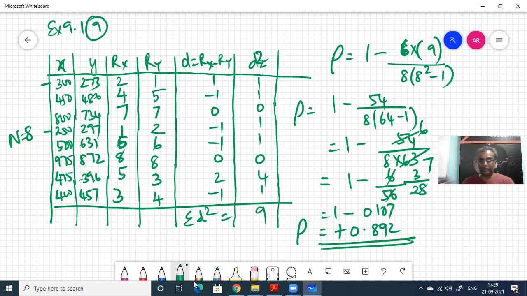Something mistake, I think, in the calculation. One minute. Sigma d squared they are telling is 9. 4 plus 1, 5, 6, 7, 8, 9 only it is coming. 5, 6, 7, 8. 1, 1, 0, 1.